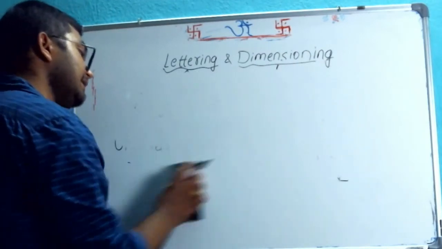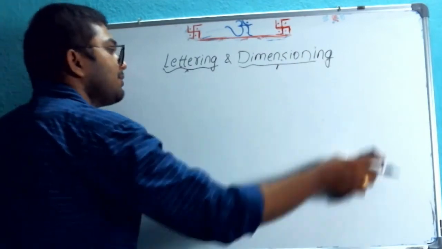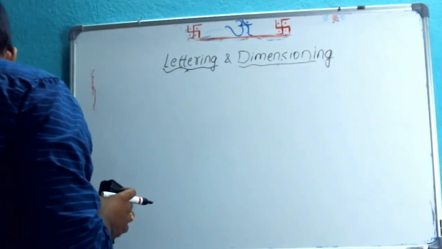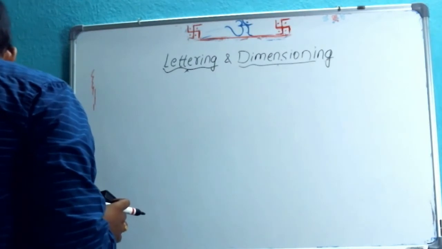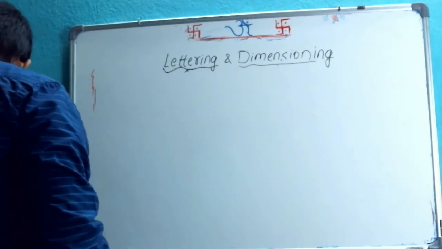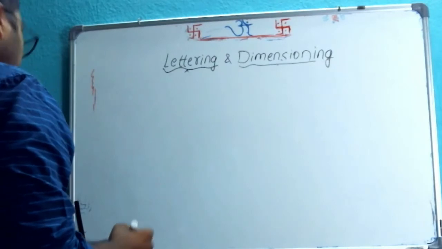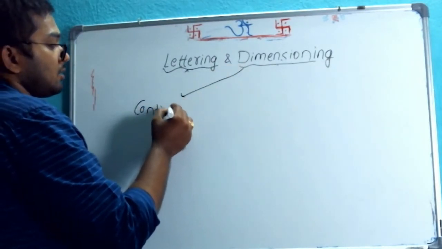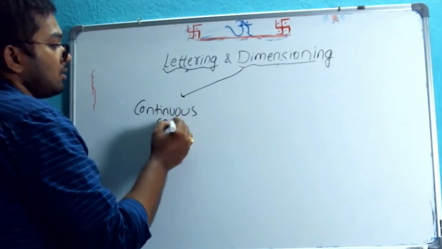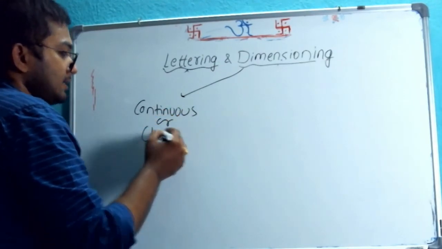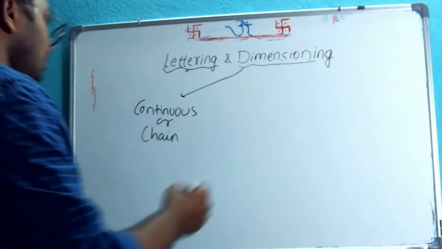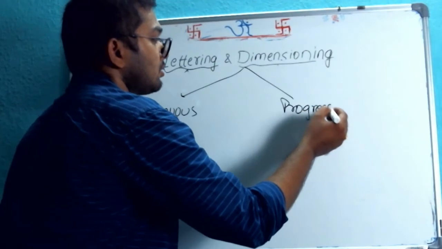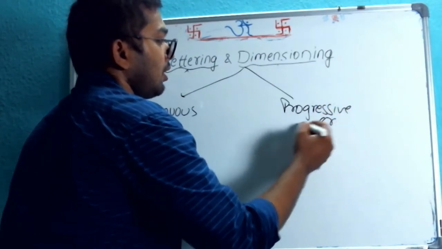Now there is another classification based on how you provide dimensioning. There is the continuous or chain system, and another is the progressive or parallel system.